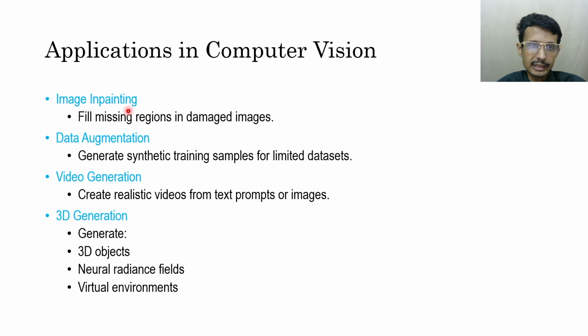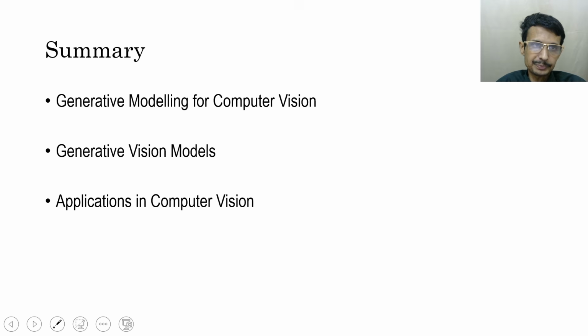Then image inpainting, filling missing regions in an image. Data augmentation generates synthetic training samples from limited data. Video generation produces realistic videos from text prompts. And 3D generation creates 3D objects, neural radiance fields, and virtual models. These are the typical applications.